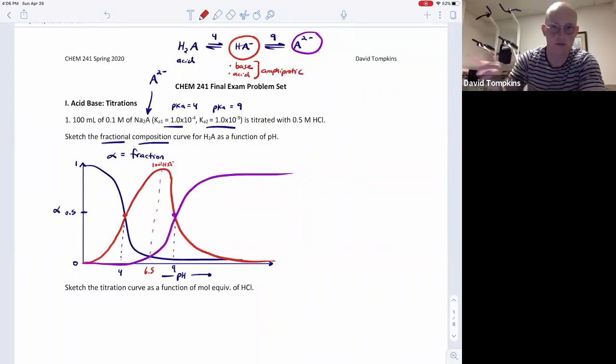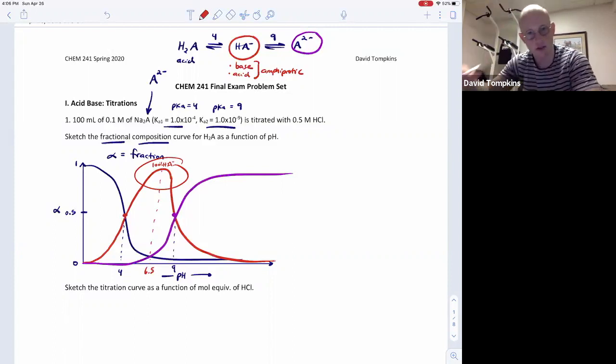Or it can go both left and right. It's between pKa values. So that's why you have this parabolic shape here, where it increases at some pH values and then decreases at others. The final compound is just the base, A2 minus. That will increase until it reaches 100% at pH 11 or so.